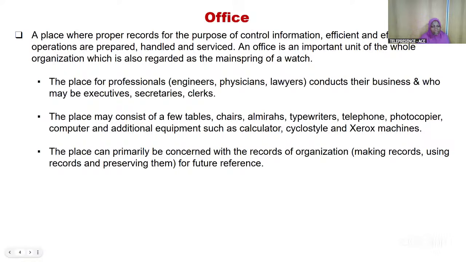And in such a space, you will have a situation where you have few tables, chairs, typewriters, and some basic office equipment. And the place can be concerned permanently with the records of the organization. That is, you want to keep your files, you want to keep your information for future use.